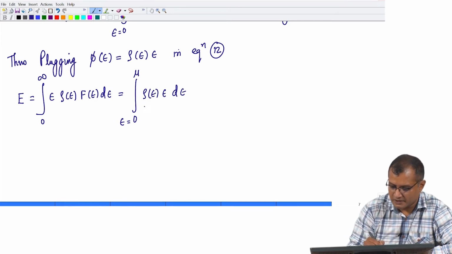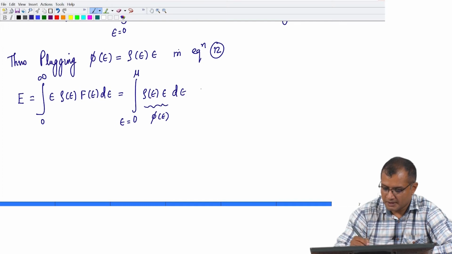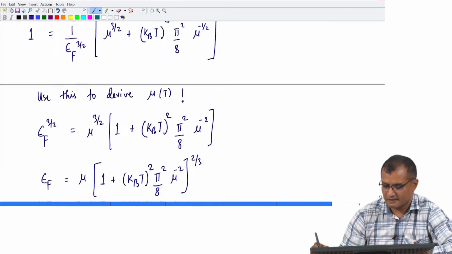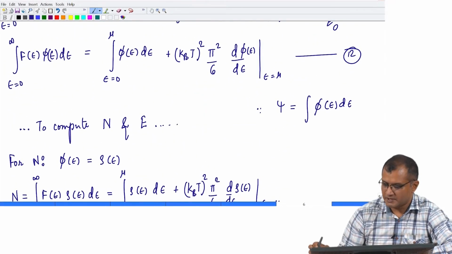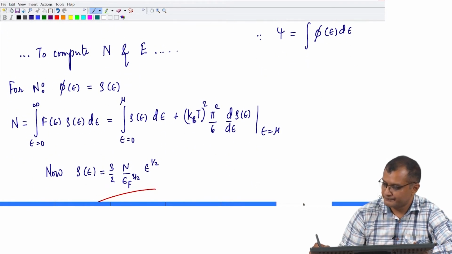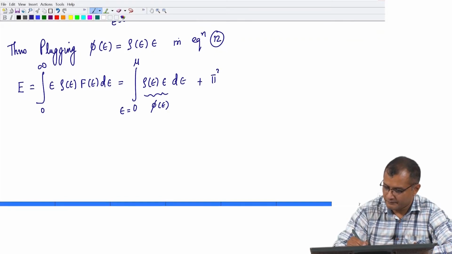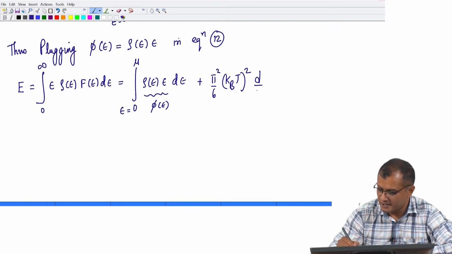So, this was our function phi of E, plus pi square by 6 into kT square into d phi by dE.